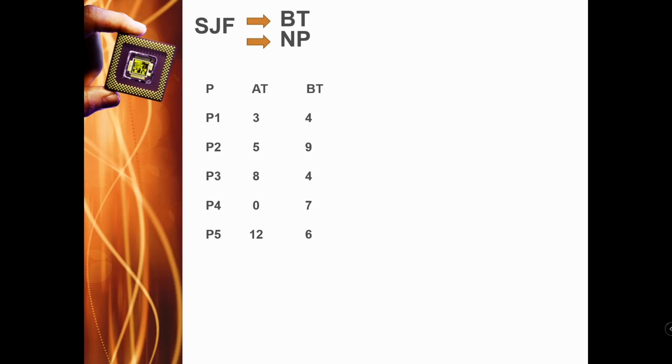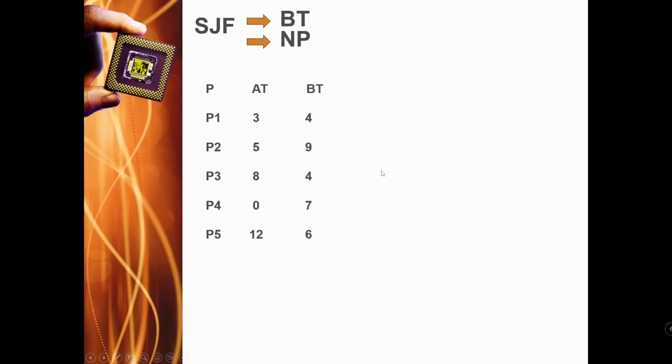Pero ang titignan pa rin natin talaga is yung arrival time, kung ano yung pinaka mauunang mag-umpisa. So, as we can see here, ang pinaka mauuna or mabilis na arrival time is yung P4.